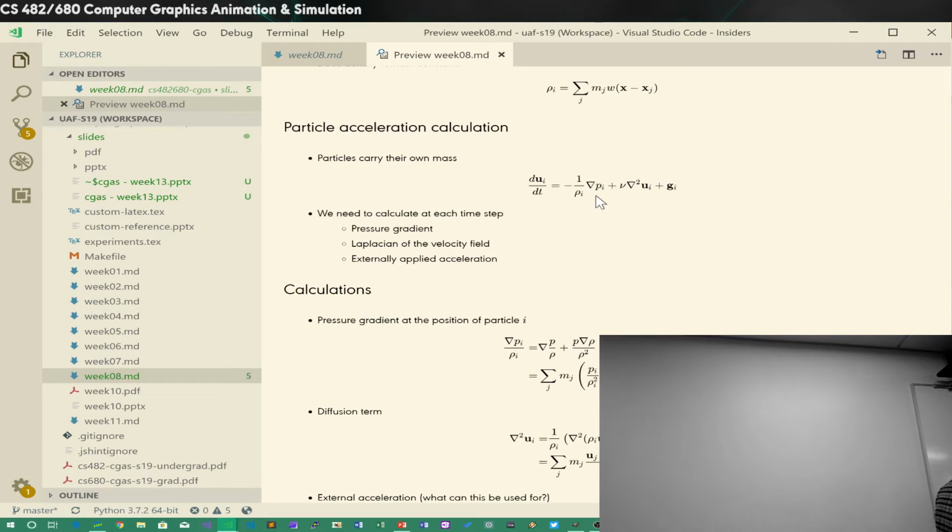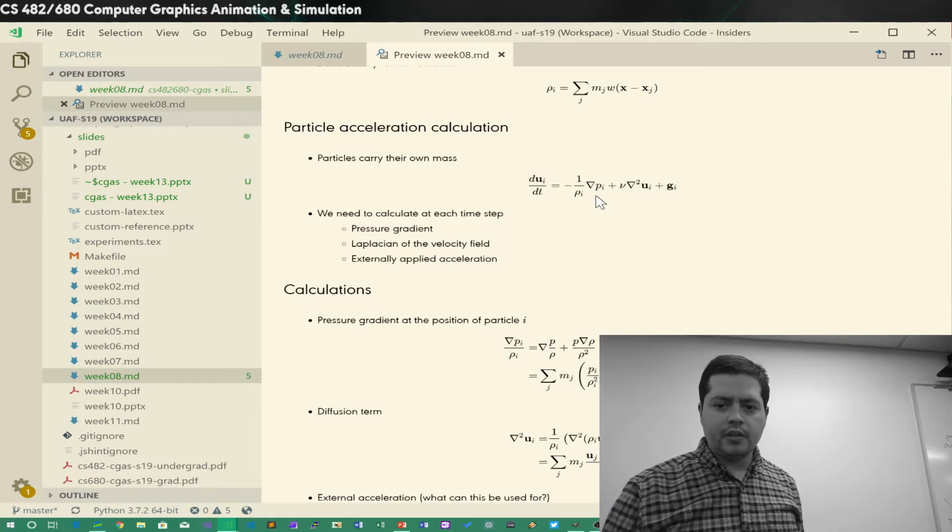Spreading around, right? Diffusion, spreading. And then this is our external forces. We put gravity here just because we're probably doing gravity. And then this is acceleration. All right, so we got this equation that we're building up on.